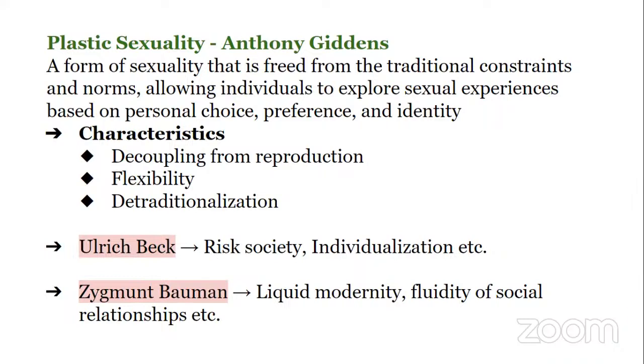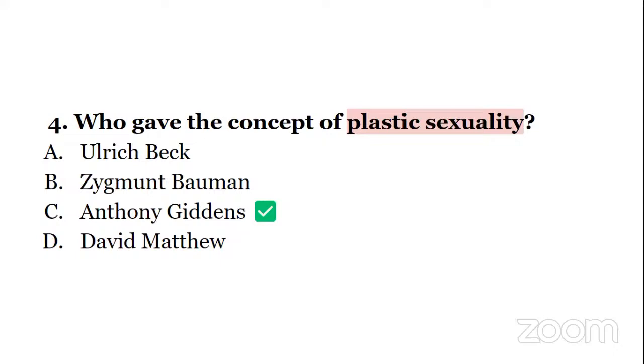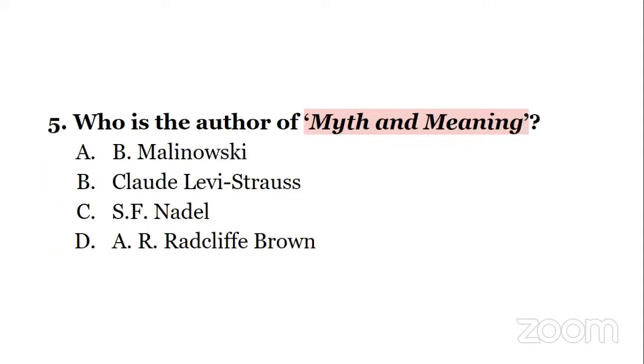Zygmunt Bauman's major concepts are liquid modernity and fluidity of social relationships. So the right answer is Anthony Giddens. Next question.